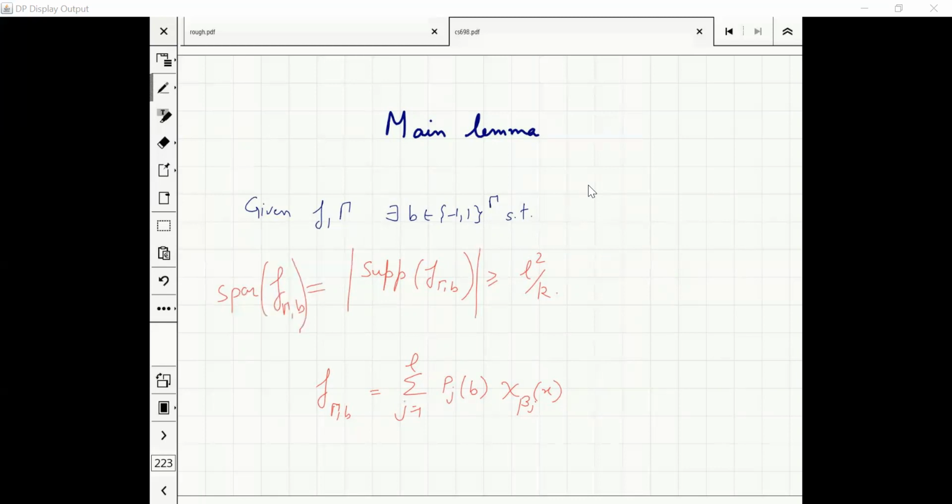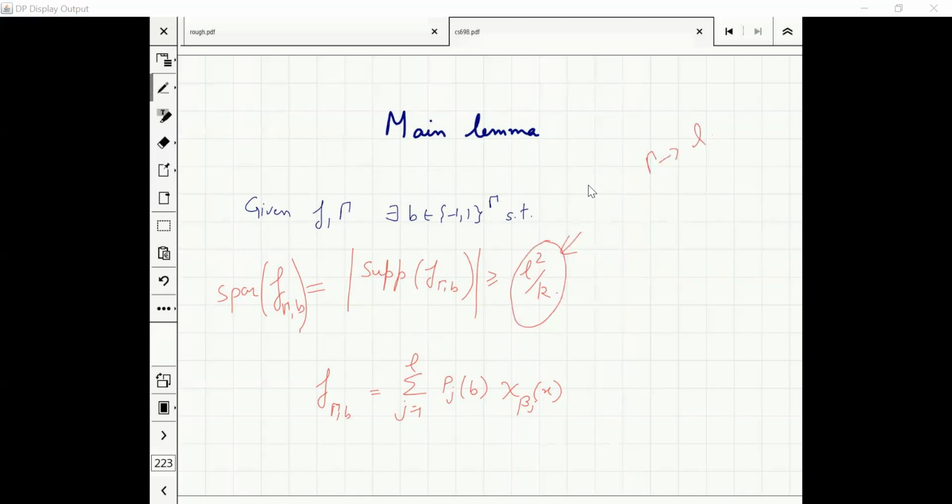This is the lemma which makes everything work. It says, if I pick a gamma, the number of equivalence classes will be L. This is the number of active parities. If the number of active parities is large, if I still have a lot of parities remaining, there exists a restriction which has very big sparsity. So what can I do? I can just apply Sang's lemma on that particular restriction.